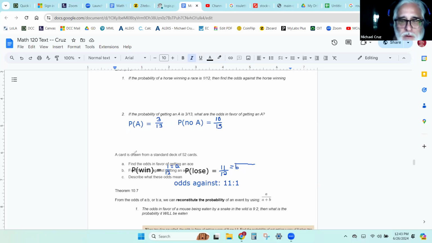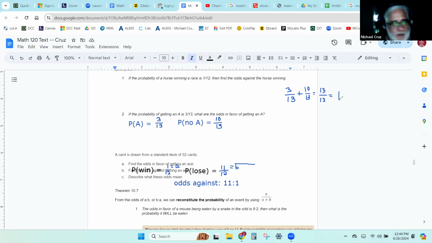All right. And we know those are complements to one another because 3 over 13 plus 10 over 13 is 13 over 13, which is 1. And that's what complements should add up to be.